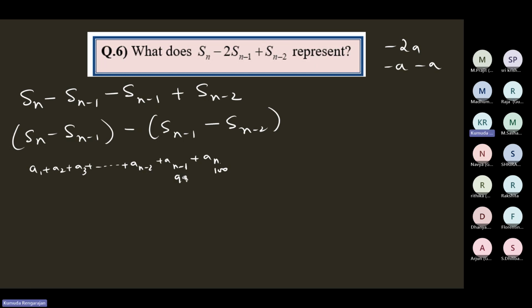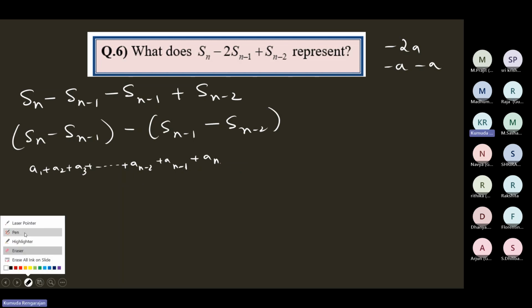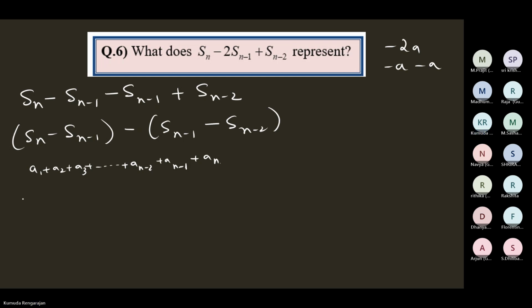So A1, A2, A3, A4, An. Before An is An minus 1, and before that it was An minus 2. Okay, now Sn is the sum of all these terms. Please understand what we mean by Sn minus Sn minus 1. From Sn, you take away Sn minus 1.